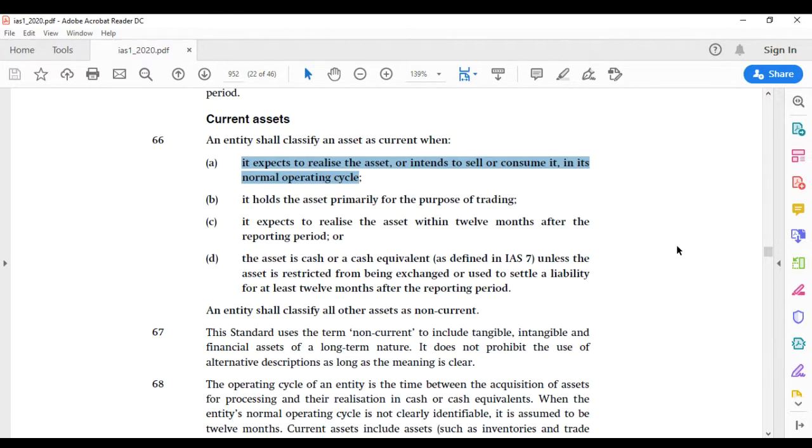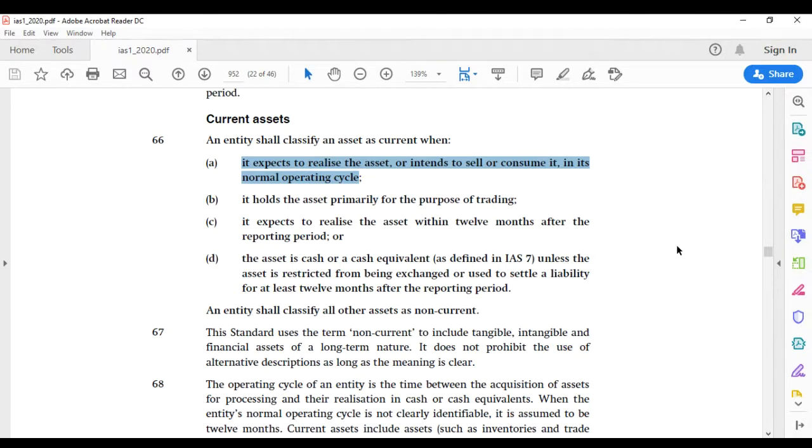The best example that I can think of here is in the property development industry. Let us imagine the business of this company is to construct large blocks of apartments, flats, right? They're going to be constructing this building over a period of 3 years.